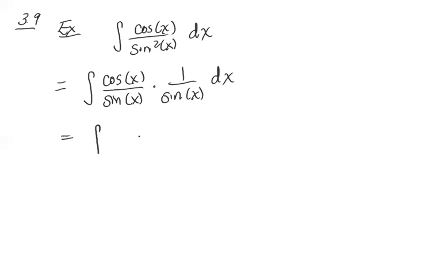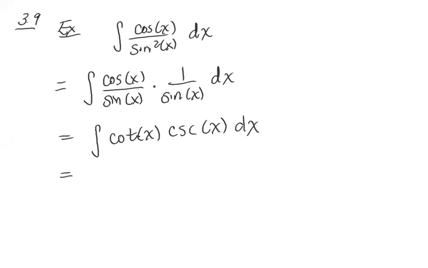Because this is equal to cosine of x over sine of x, which is the cotangent of x, times 1 over sine of x, which is the cosecant of x, with respect to x. Now that one I have a rule for.